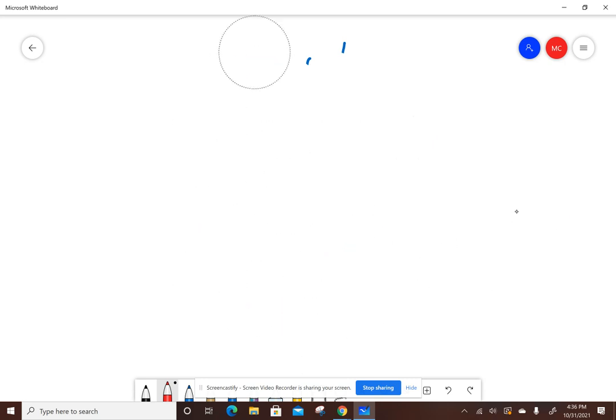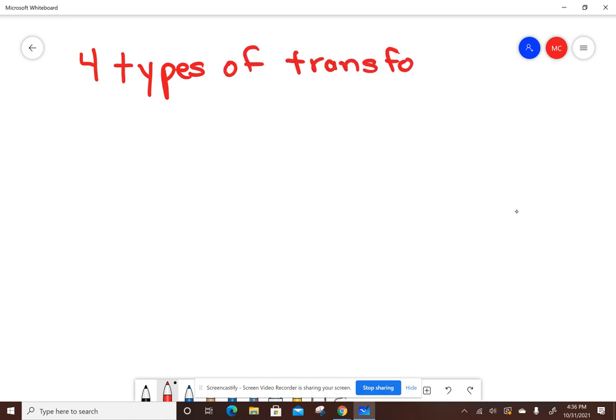And you see that there's 4 types of transformations.